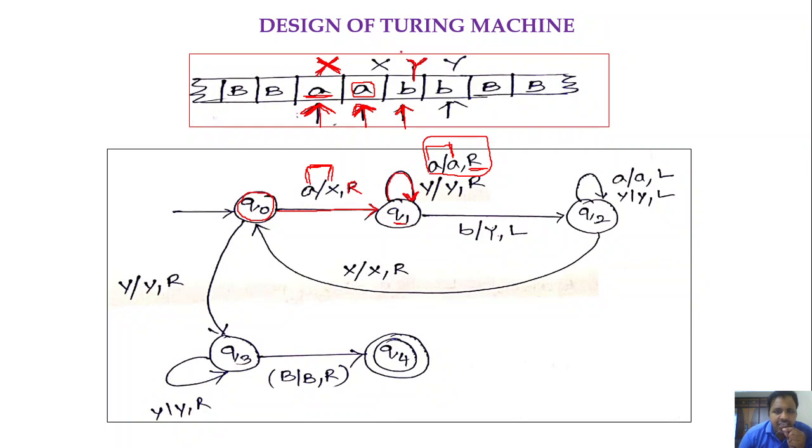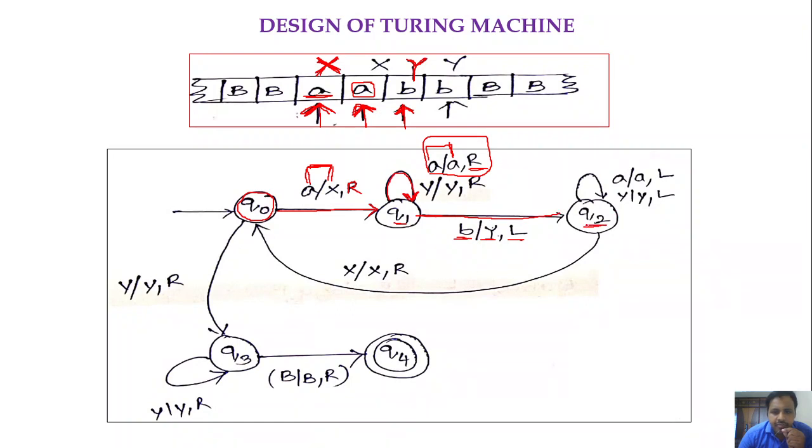Because for a matching A we found the matching B. Now we have to move the head towards left in search of the next A. So in Q1, if we get B, we replace that B with Y and move the head towards left. And we also move from state Q1 to Q2.